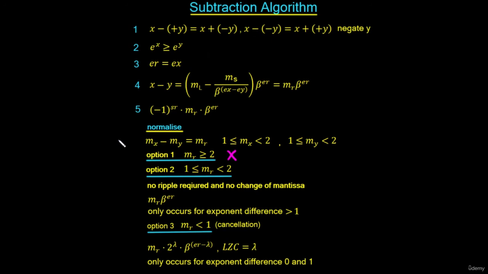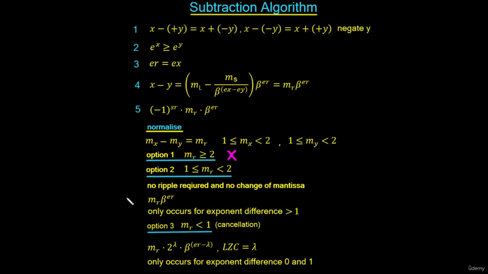That is, we want an architecture that allows us to run certain operations in parallel, and then from running the operations in parallel we can choose the actual result that we require. So this is going to cut down the time it takes to go through the actual algorithm. So there's redundancy built into both the addition algorithm and the subtraction algorithm, and we want to make sure we take advantage of this redundancy.